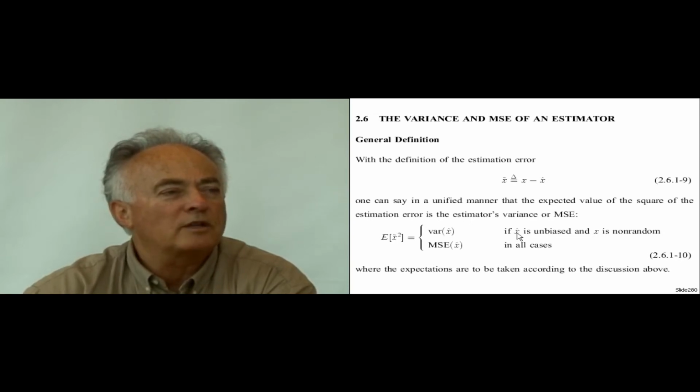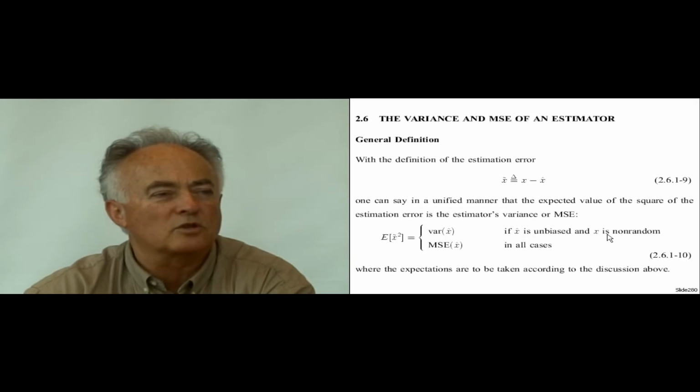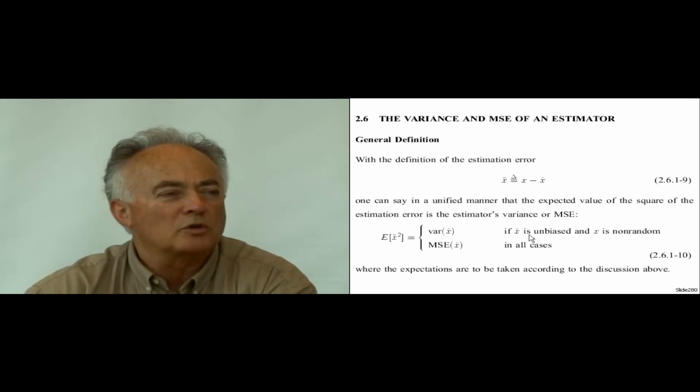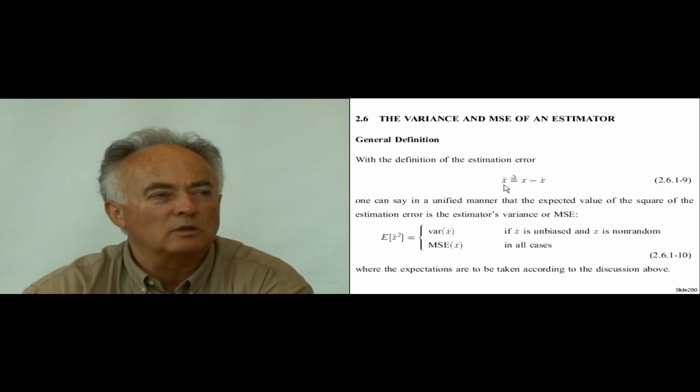And we define the estimator's variance or mean square error as the variance of x hat if x hat is unbiased and x is non-random, because the mean of x hat is then x, which means x tilde will be zero mean.